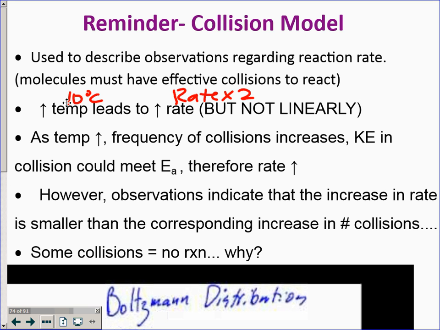But here's the observation. We don't always see the rate increase as much as we think it should. We know the general rule of thumb is by 10 degrees, the rate's going to double, but we don't always see that. So what else do we have to consider? What was the theme of your reading? Arrhenius' equation.